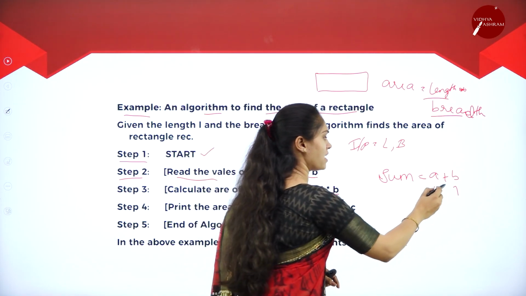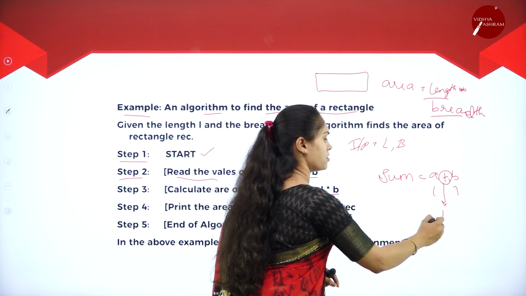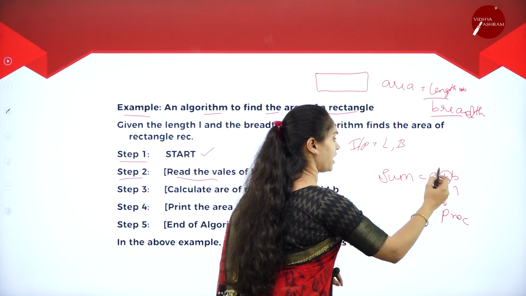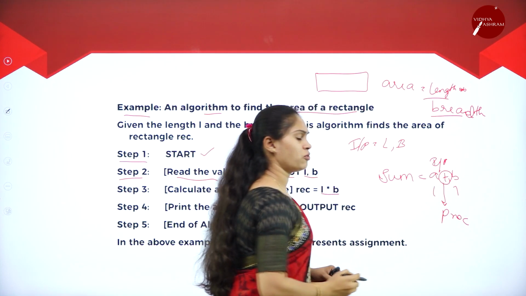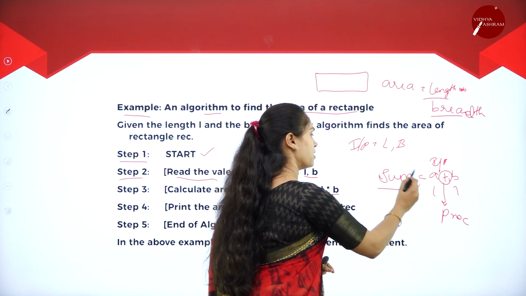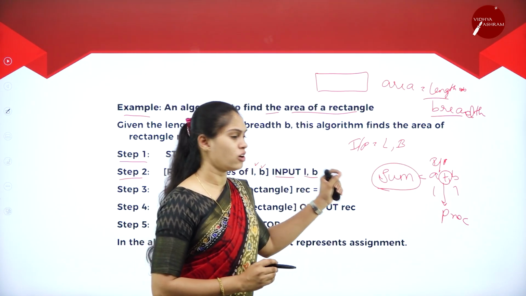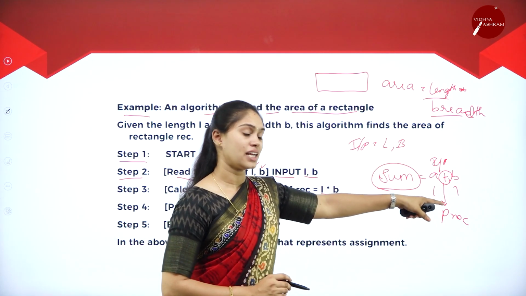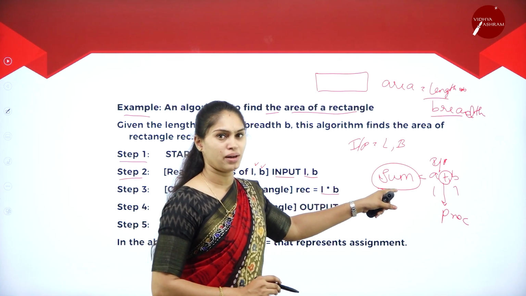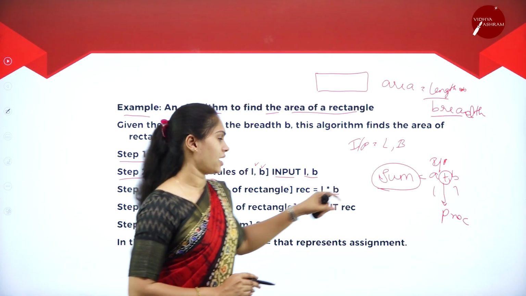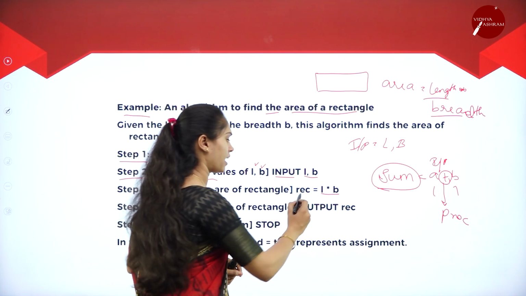So this plus is nothing but process. So this plus is process and A and B are the inputs. Then what will be the output? This sum. So where it will hold the value of the addition of those two, A and B, that will be stored in the sum variable. So in the same way, I am taking REC, that is rectangle.